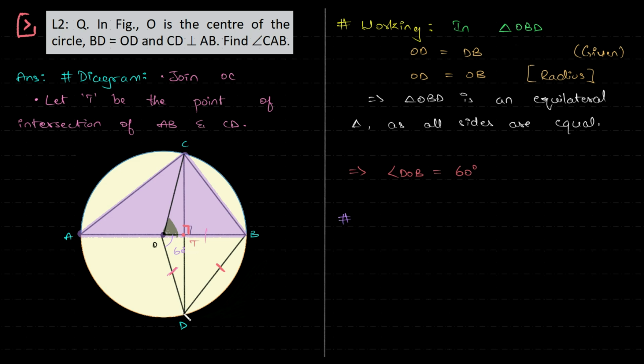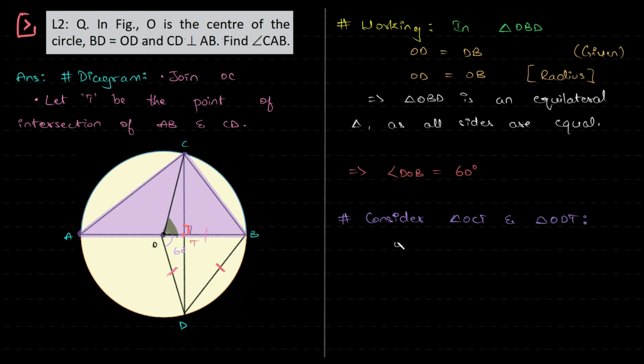Yes, you can relate it to DOT with the help of congruency. So for that, we'll consider the first triangle being OCT and triangle ODT. So what do we have?